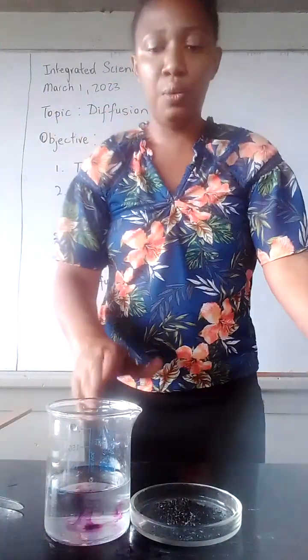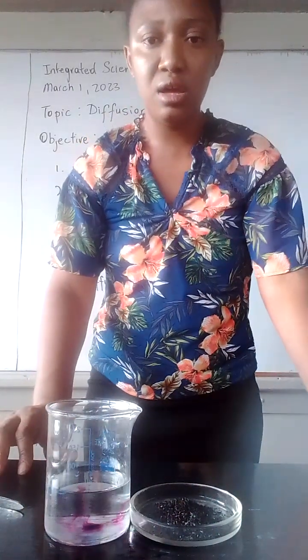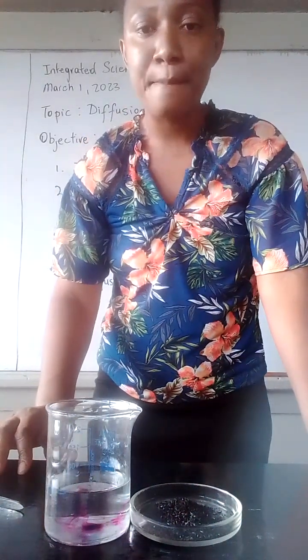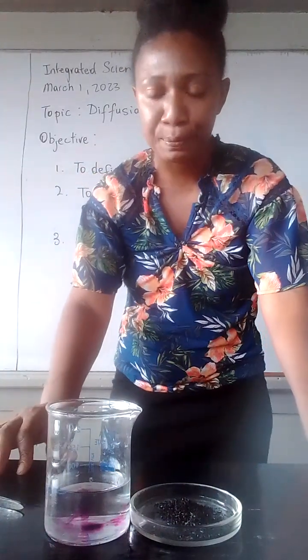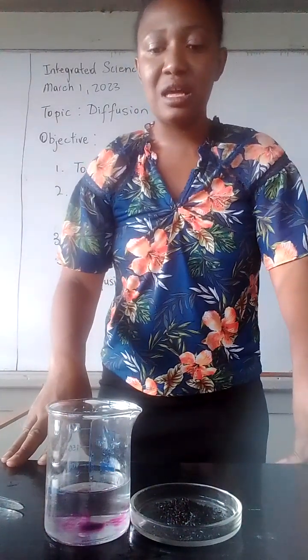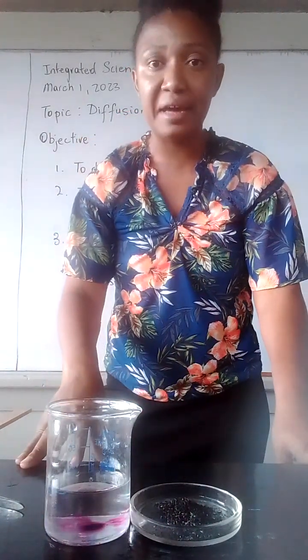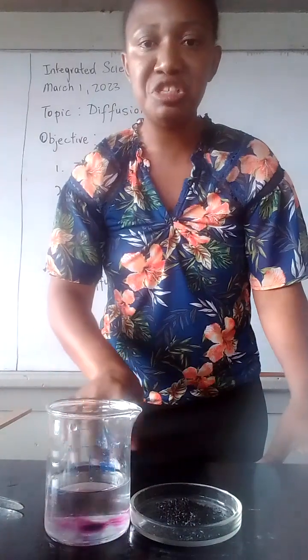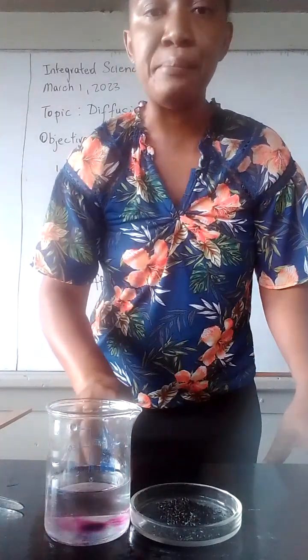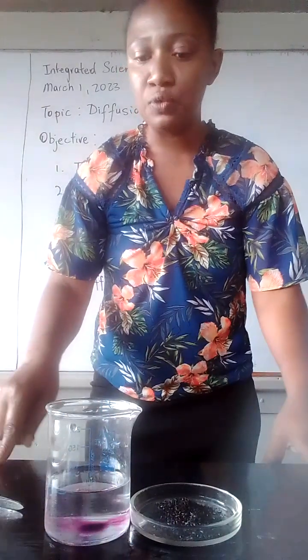We will now realize that the center has a purple color. This is where there is a high concentration of potassium permanganate. In this region, the particles are many, and they will move to where there is none.